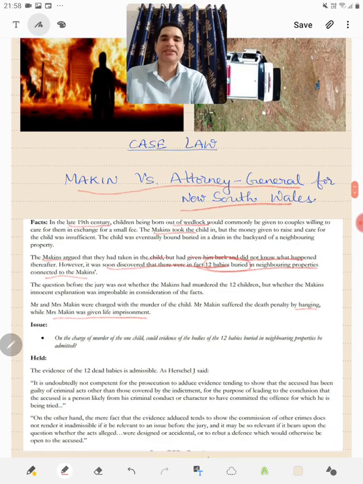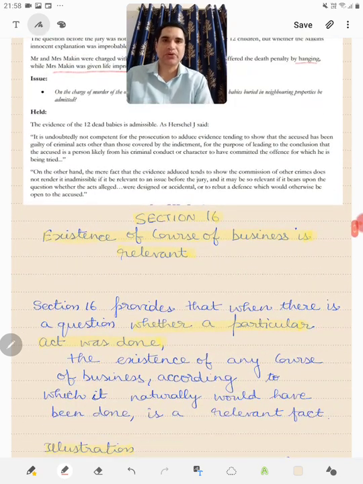So what section 15 says is that in a series of occurrence, if that particular person is connected, then it may be that the act was intentional and not accidental. So it makes those series of occurrences relevant in order to determine whether an act is accidental or intentional.